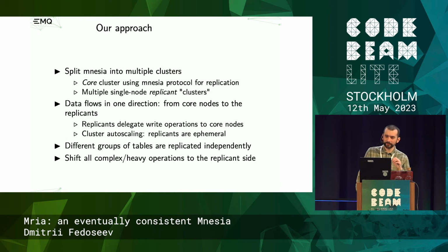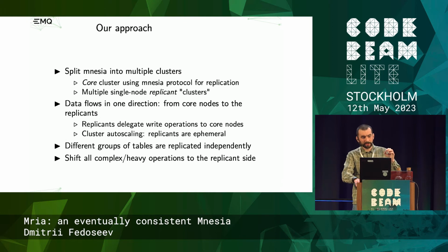The majority of the nodes would be assigned the replicant role, and replicant nodes are read-only. This helps to simplify our protocol even further by making sure the transaction logs only flow in one direction.